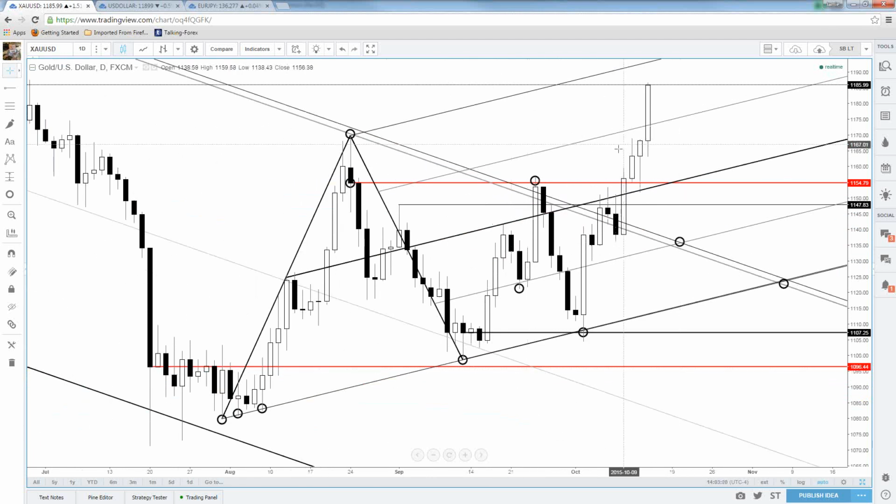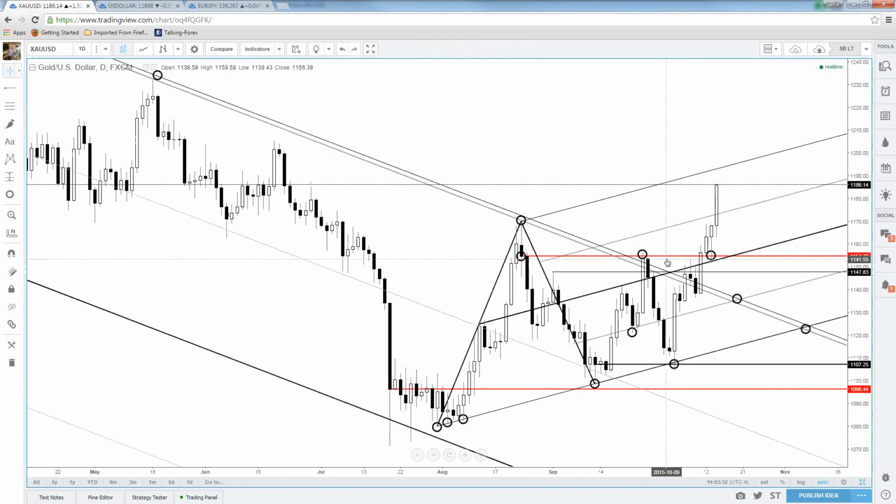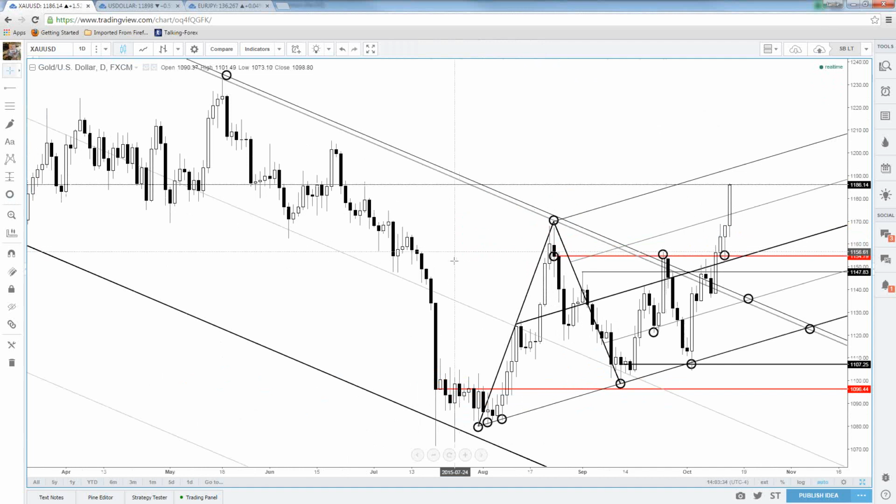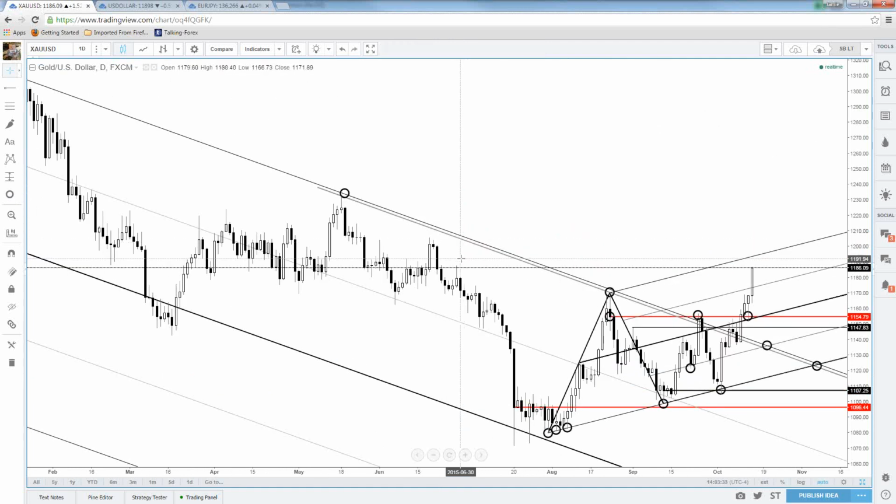Okay, and now we've broken to the upside. And oh, by the way, it was also support just yesterday, in fact. Okay, so that's an example of using daily reversal support resistance levels or a big volume day as a point of reference.